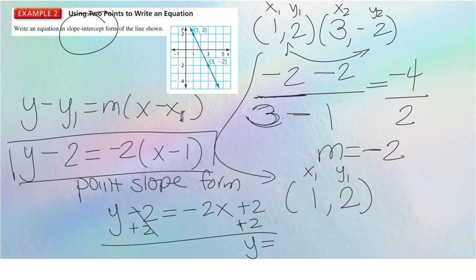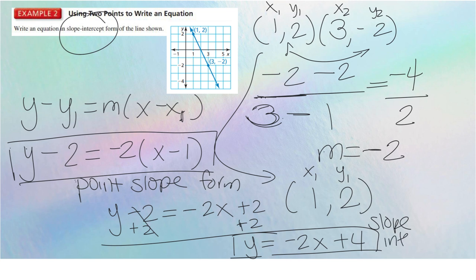Y equals negative 2x plus 4. And that's going to be our slope-intercept form. So based on only one equation, I'm able to write it in 2 forms: point-slope form, and slope-intercept. Okay, now we're going to write it in linear function.